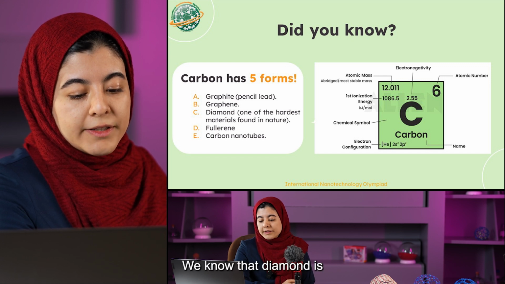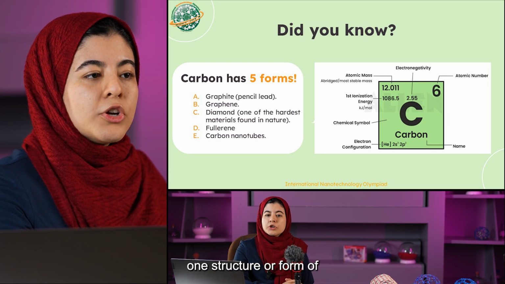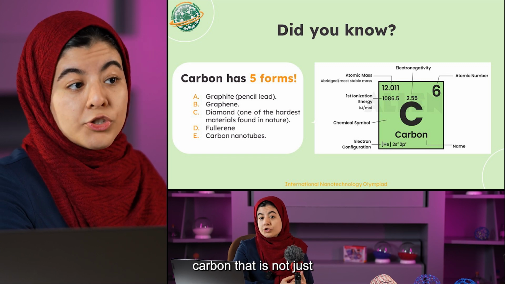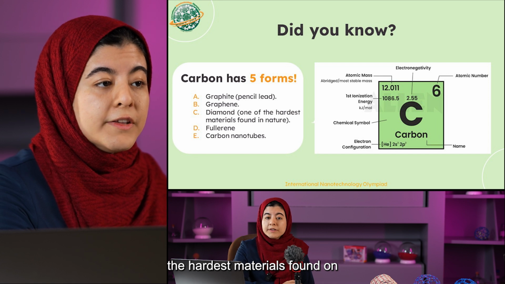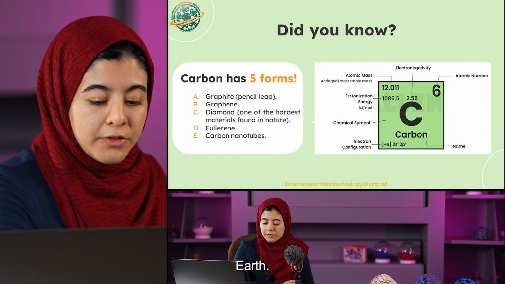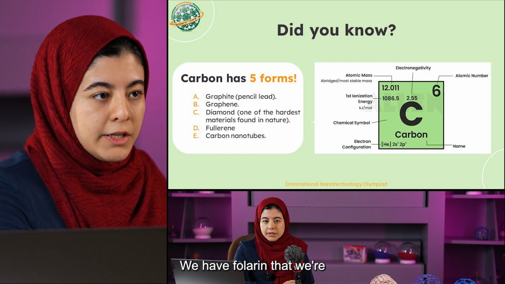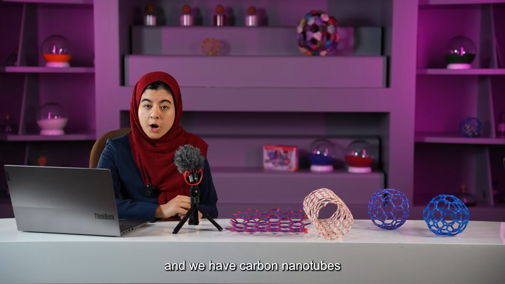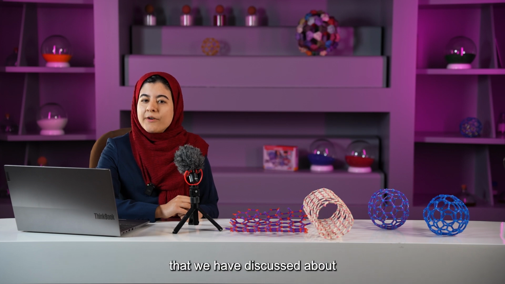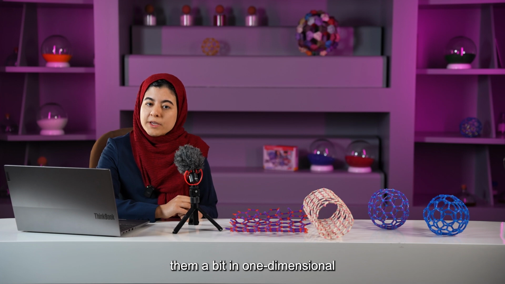Diamond is one form of carbon that is not just so beautiful and bright, but also one of the hardest materials found on Earth. We have fullerene, which we're going to discuss later, and carbon nanotubes, which we have discussed a bit in one-dimensional nanostructures.